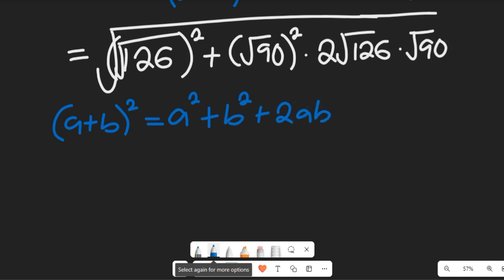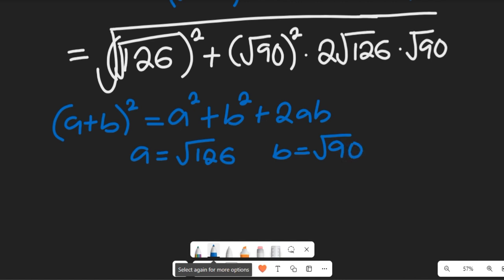Now from this expression you can see that my a is equal to the square root of 126, right, and my b is equal to the square root of 90.